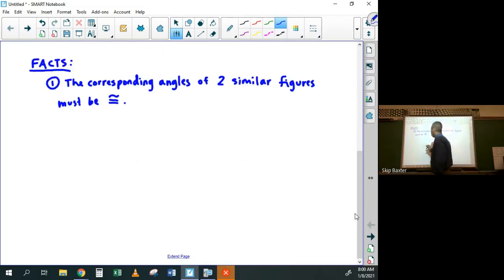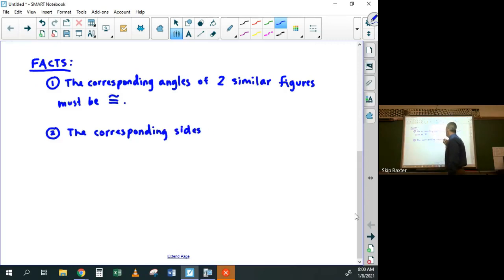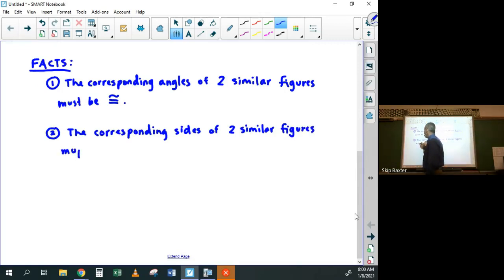All right, the second thing that has to be true is the corresponding sides of two similar figures must be proportional.